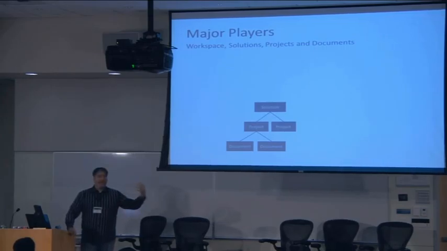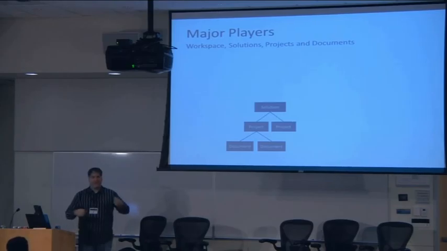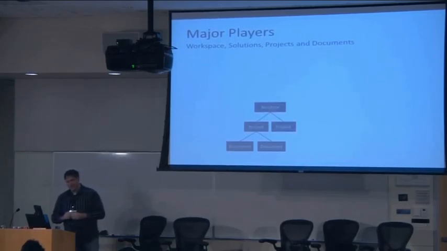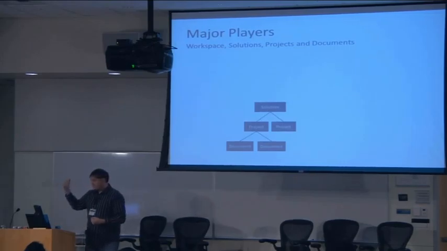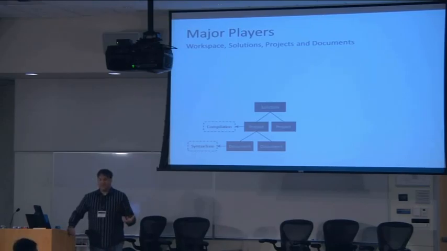You can imagine that if I had several projects and I wanted to plug them together, I'd be creating compilations, trying to plug them together, parsing MSBuild files to get the compiler properties that I want to put on the compilation. That's a lot of work, right? And so instead we provide this workspace API, which has an object model around what in Visual Studio are solutions, projects, and documents.